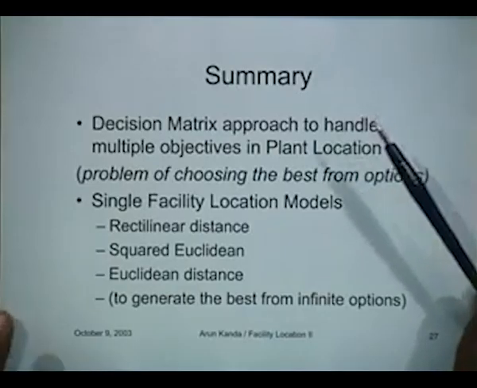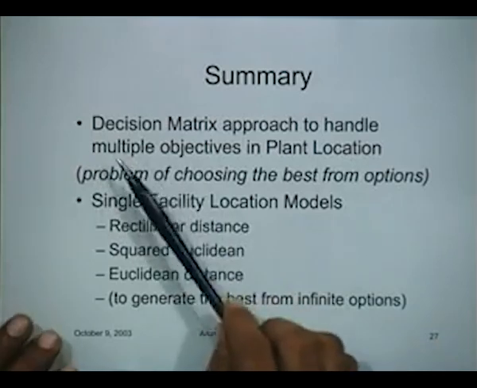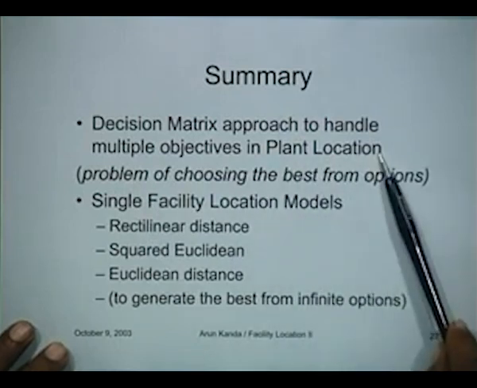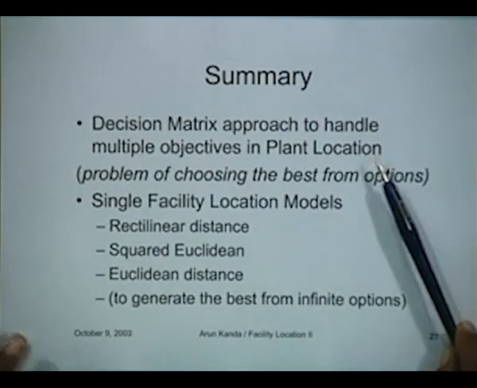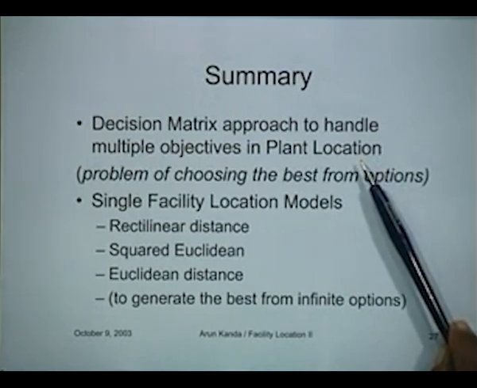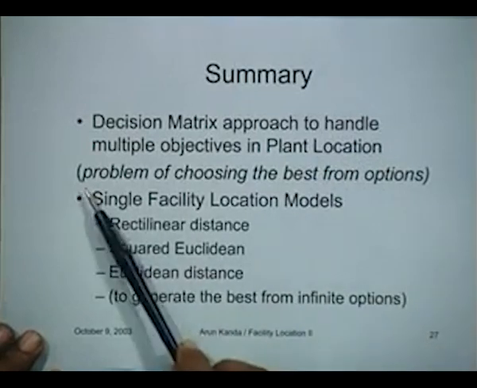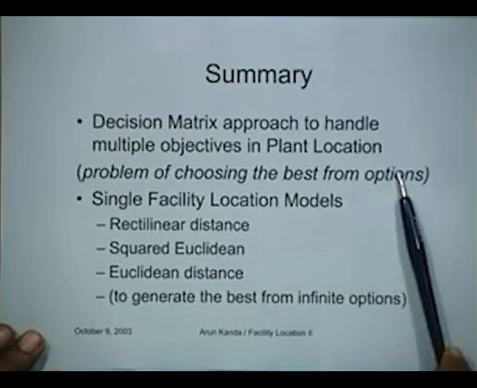Finally, let us see what we have done in this particular lecture. The main thing when we started was to look at a practical problem, a case study, and we saw that a decision matrix approach to handle multiple objectives in plant location was in fact a very worthwhile approach to consider all the objectives and consider the feasible solutions. Basically this problem could be termed as a problem of choosing the best from amongst options. That is what it all was.